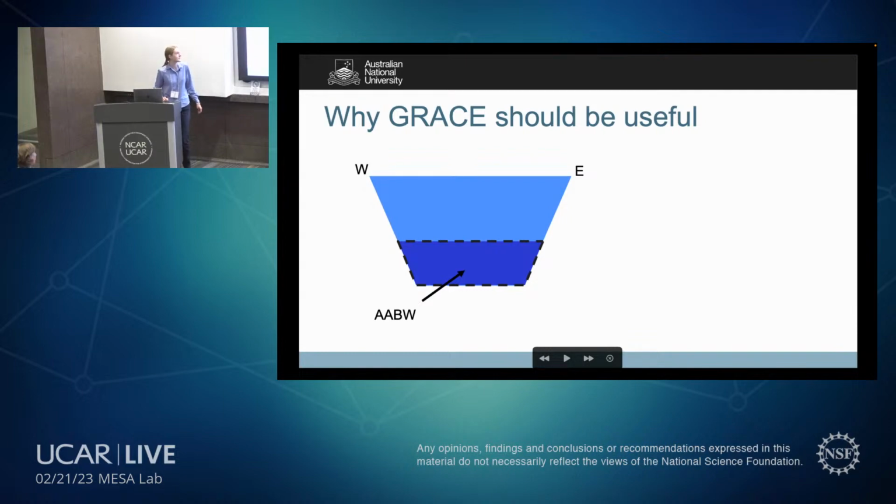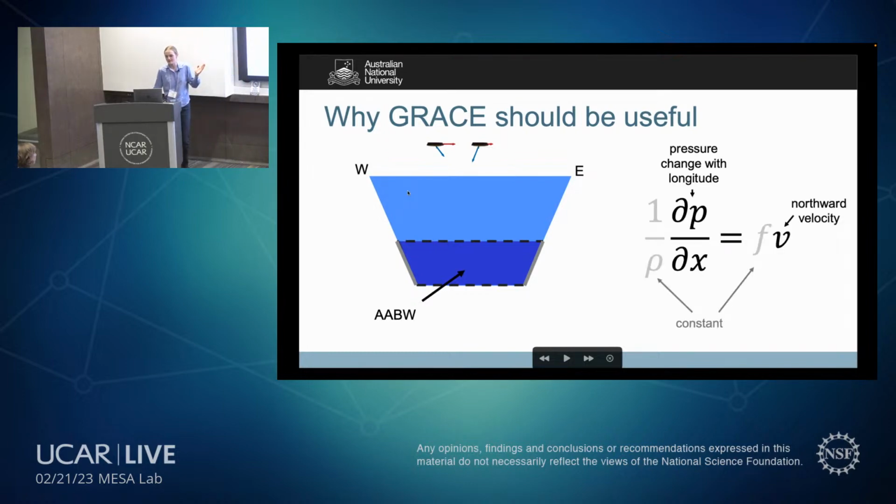If we move to a slightly more realistic ocean, where I've got some sort of surface waters and then an Antarctic bottom water layer at the bottom, the GRACE satellites are measuring pressure at the bottom of the ocean down both sides and across the bottom. And specifically, they're measuring the pressure at the bottom on both sides of the layer.